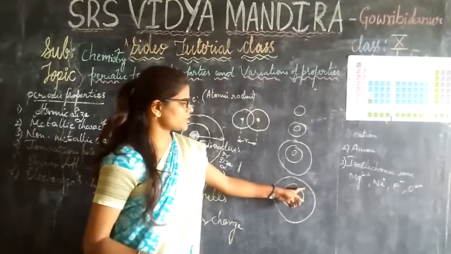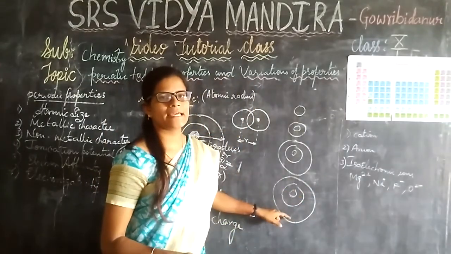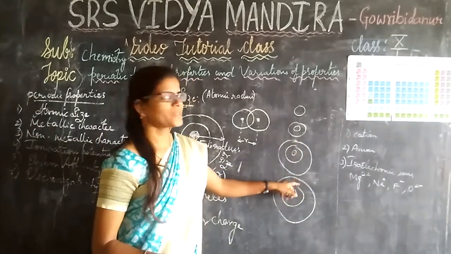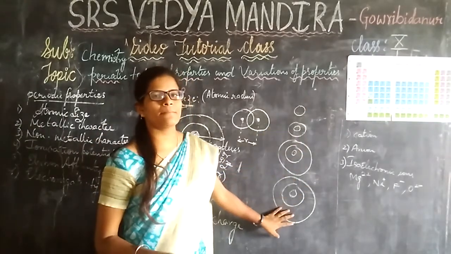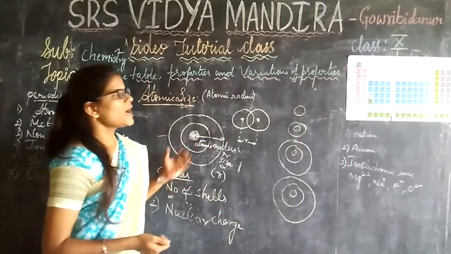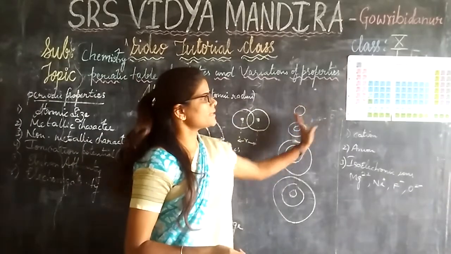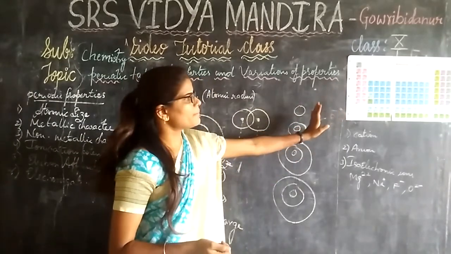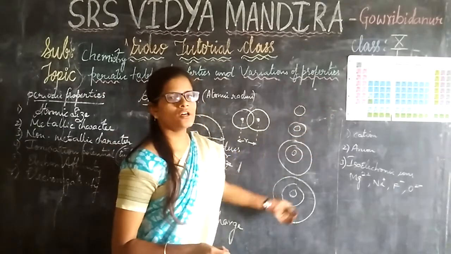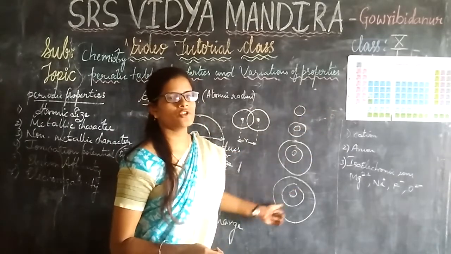Across the period, the number of shells remains the same, but the number of electrons accommodated in the outermost shell increases.